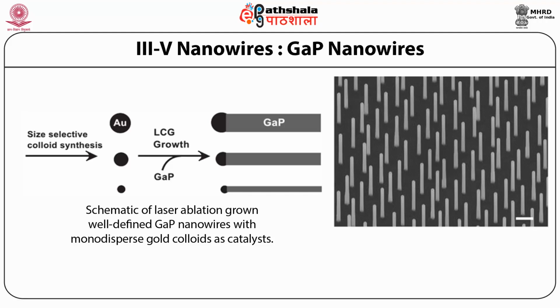Sublimation of gallium phosphide powder has also been used to generate the vapor source. A schematic of laser ablation growth, well-defined gallium phosphide nanowire, and monodisperse gold colloids as a catalyst has been shown in figure A. A scanning electron microscopy image of a typical array of gallium phosphide nanowire.